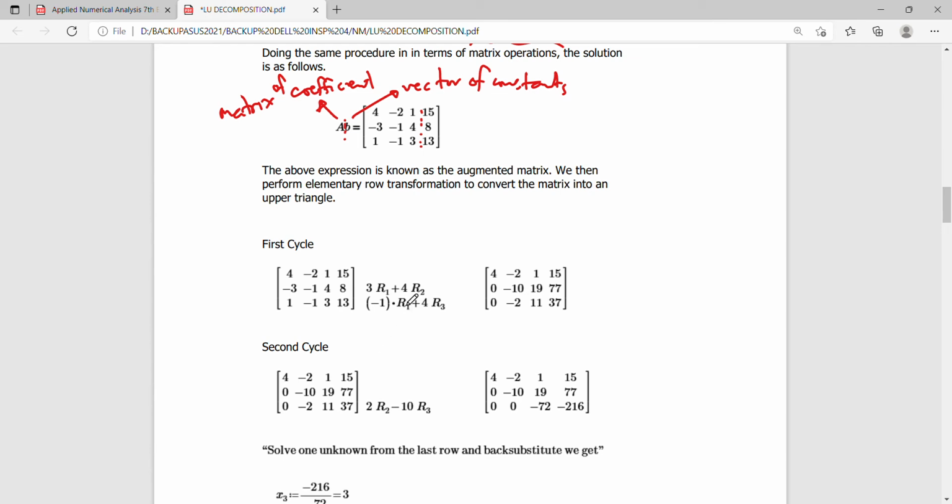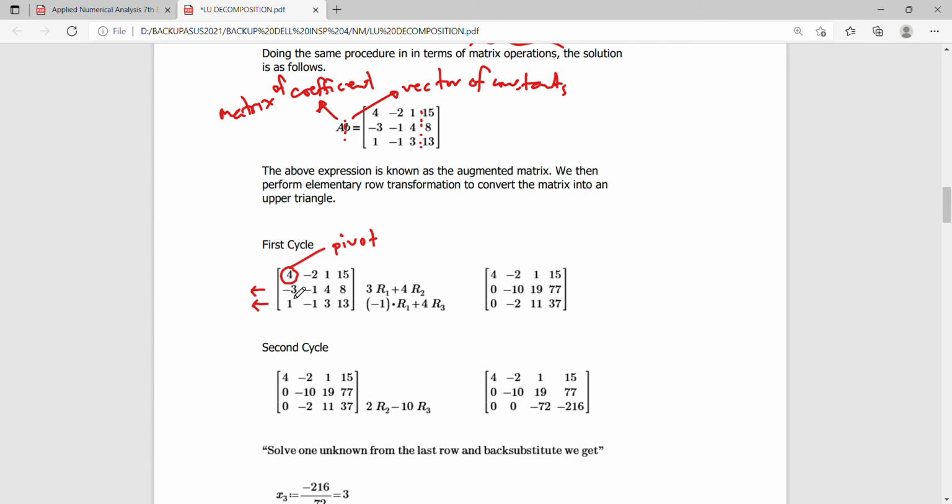We simply multiply your row, so these are the rows in question, and the multiplier is actually given by the coefficient of the first row or the first equation, which is actually called a pivot.